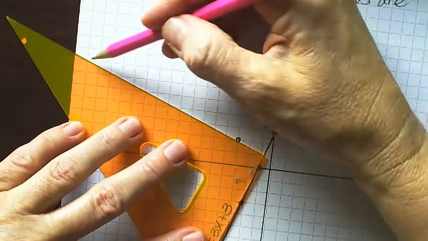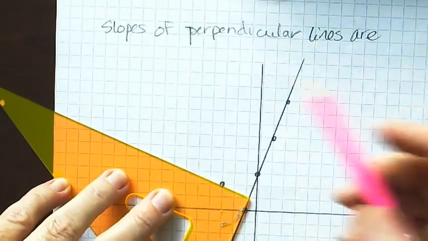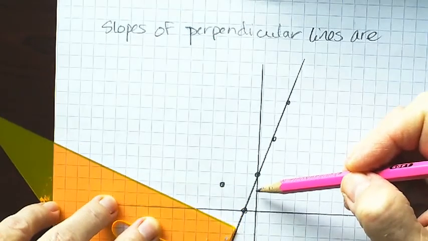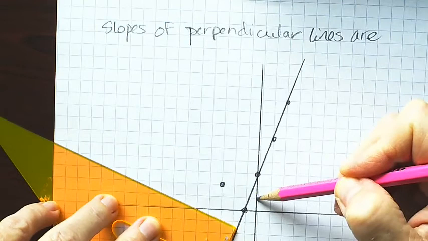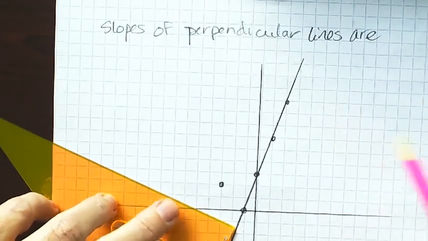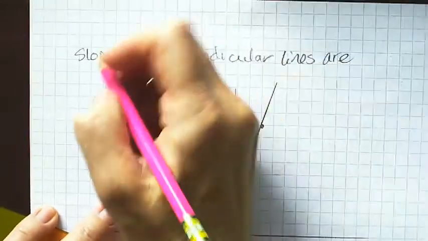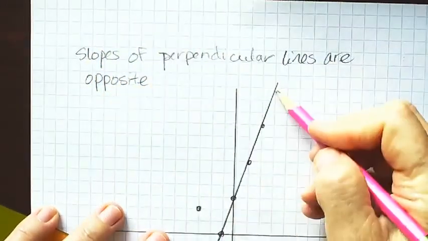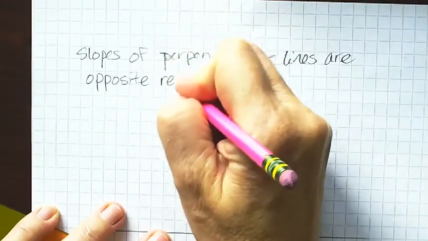So you can almost see what that slope is going to be. It's going to be, instead of up 3 over 1, can you see it? Down 1 over 3. It's kind of hard to tell because they don't intersect right at one of these points. So slopes of perpendicular lines are opposite. One's positive, the other one has to be negative if they're meeting at a right angle, opposite reciprocals.